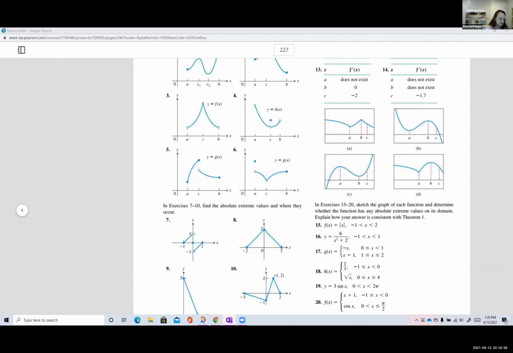So let's just say that this was kind of zoomed in here. And so you're like, okay, well, this value here, x equals a, that looks like it's the highest value that's going to hit on this graph here. But I can come in here and say, no, I can find something even closer to x equals a, and that is even higher on the graph than what you gave me. But we can keep playing this game because this is an open circle.